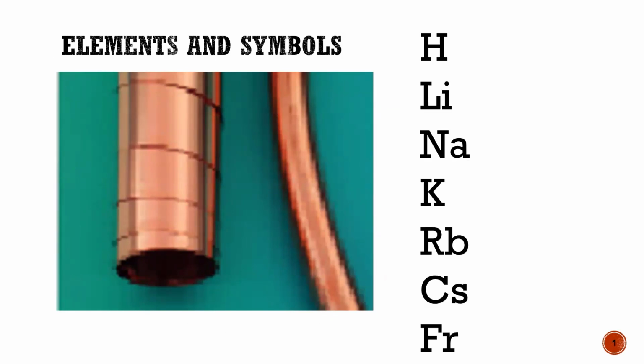Before we even get started, go ahead and grab a periodic table. That's the first thing you should do. Once you get a hold of a periodic table, look at the first column. Go down that first column and you're going to see this.